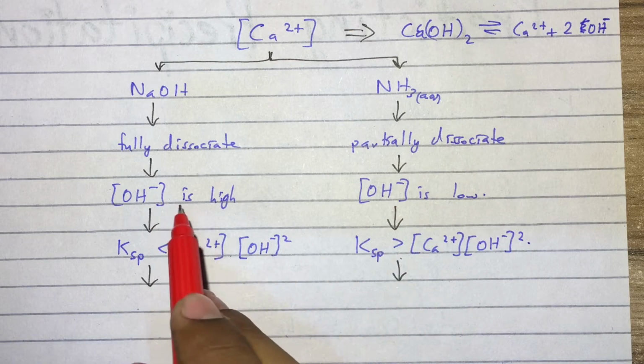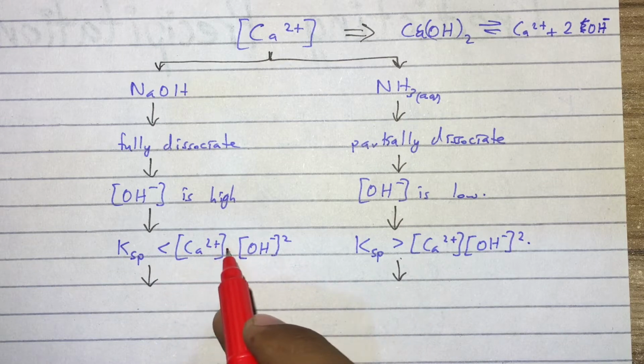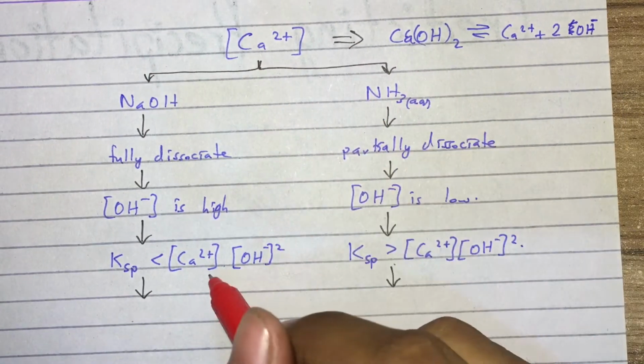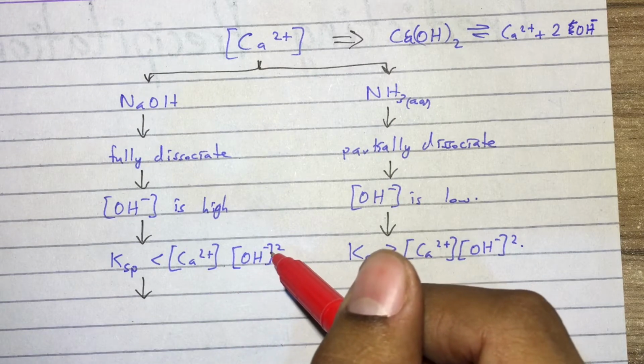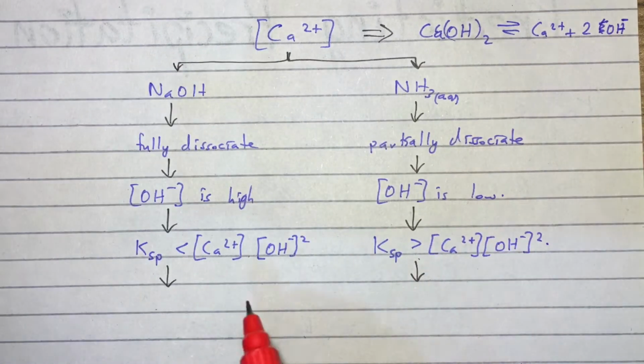So since the hydroxide ion concentration is high, the formula for Ksp of calcium hydroxide is calcium 2 plus times hydroxide concentration squared, because there are 2 moles, right?